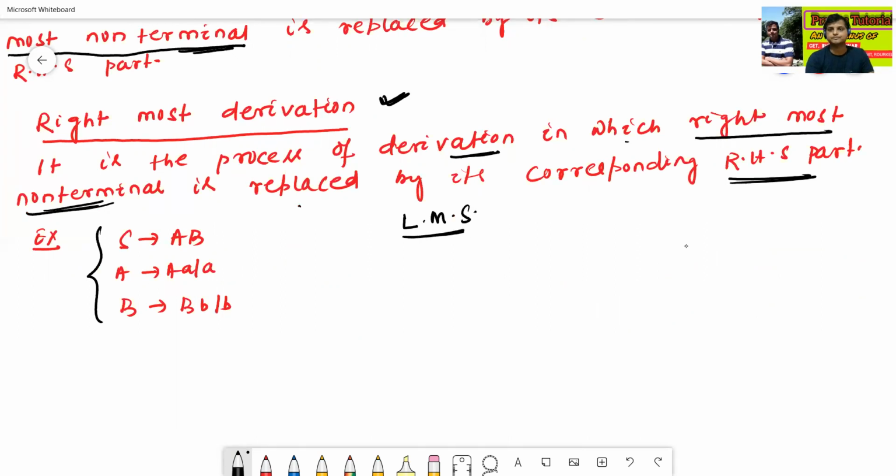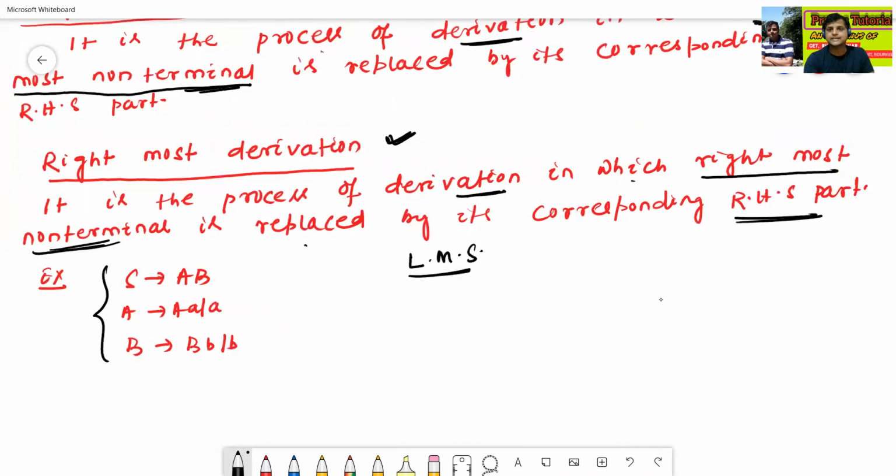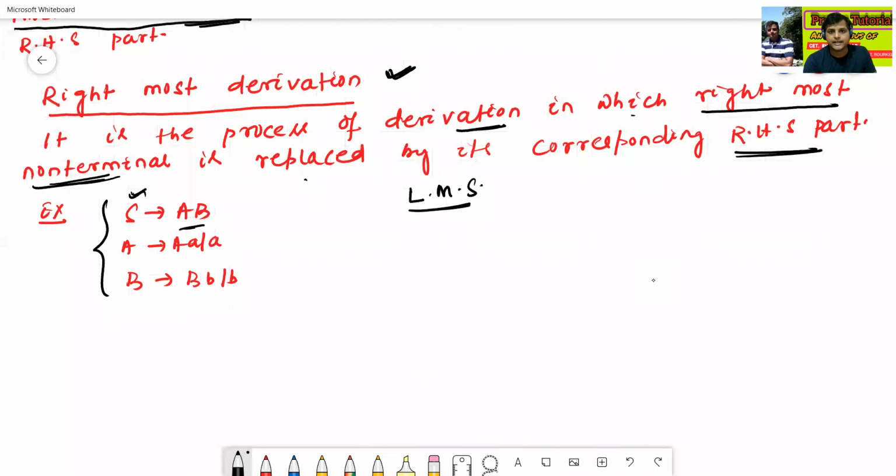When we start generating a sentence, we always start from the starting symbol. Here the starting symbol is S, and S goes to AB. Now we'll derive S to AB.